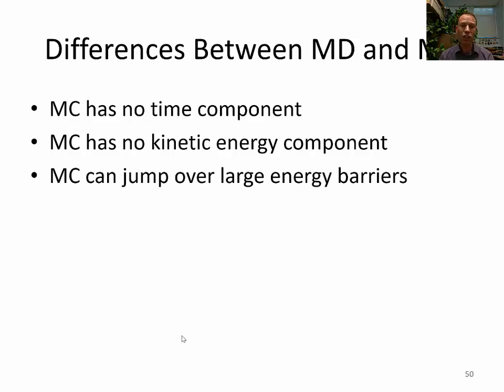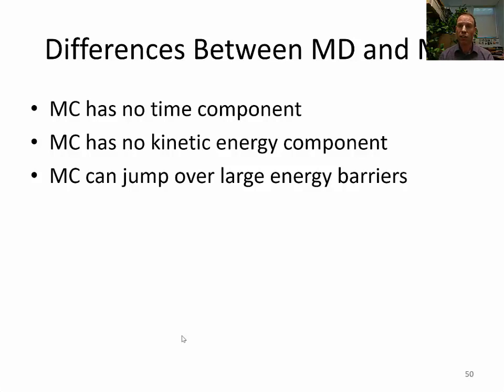One of the advantages of Monte Carlo is that it can jump over large energy barriers. You could move a part of a molecule a bit, and this could correspond to a position in a completely new energy basin on your landscape, and you've just gone from one energy basin to the next in one step.